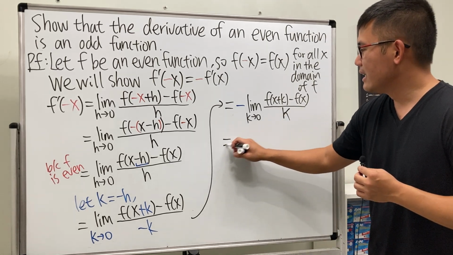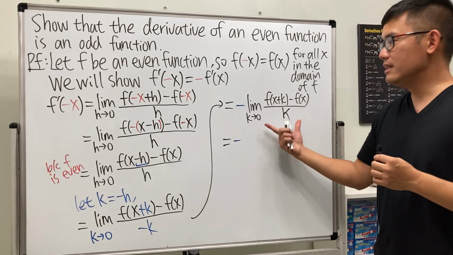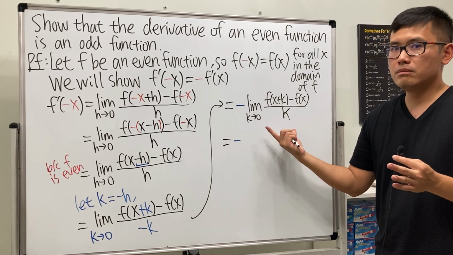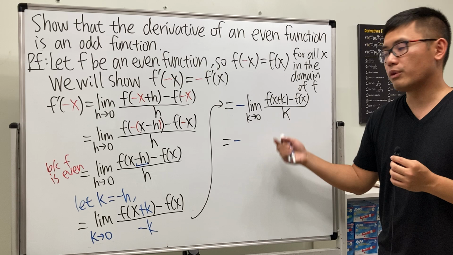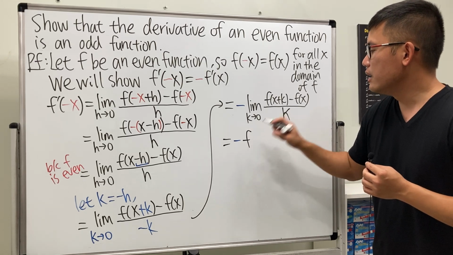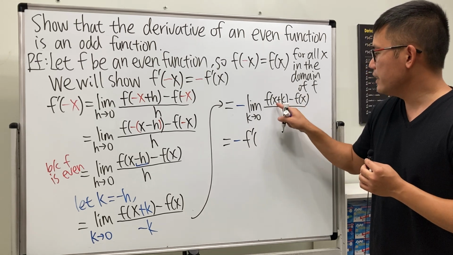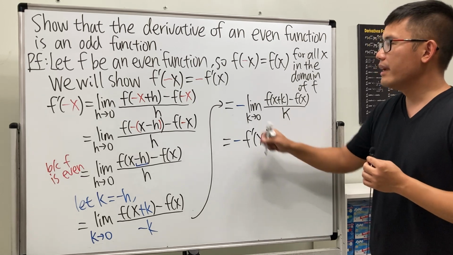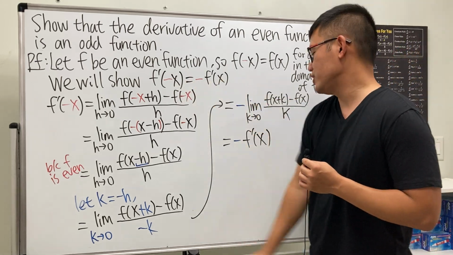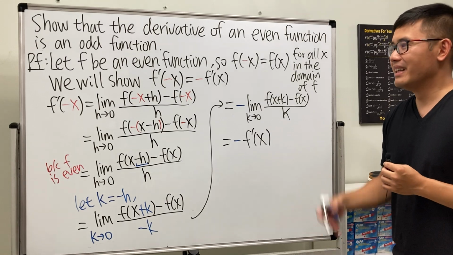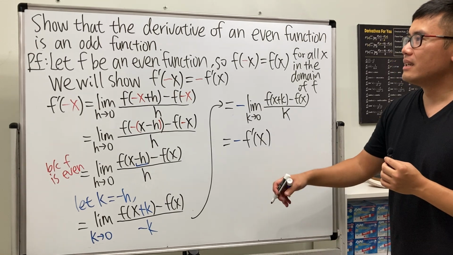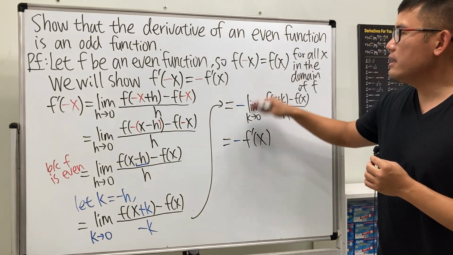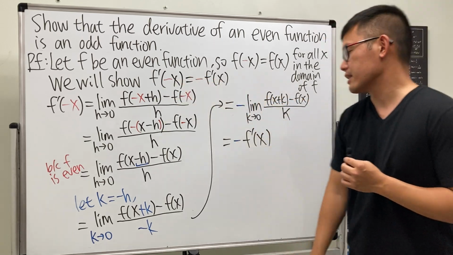And then the negative stays, but this right here, as I said earlier, if you look at the structure of it, this right here is just nicely equal to the definition of derivative, and the input is just x. And that's exactly what we want to achieve. So we are done. Therefore, when f is even, we know that its derivative will be odd.